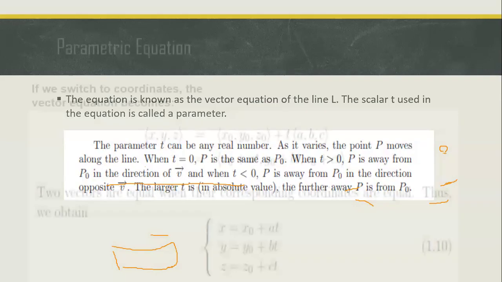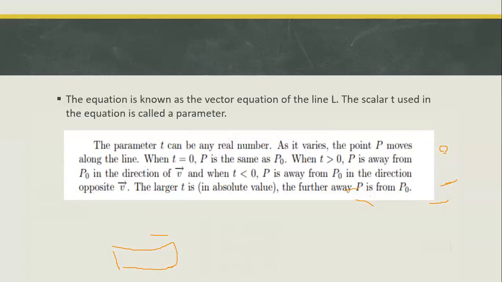Now the equation is known as the vector equation of the line L, and the scalar t used in the equation is called a parameter. So the parameter t can be any real number. As it varies, the point P moves along the line. Now when t is equal to 0, P is the same as P0.